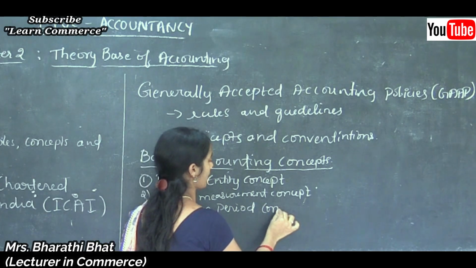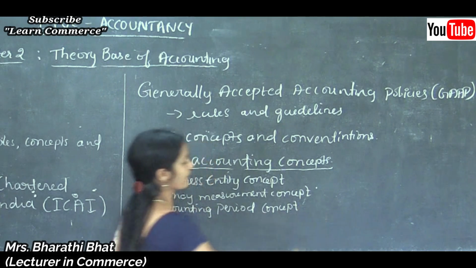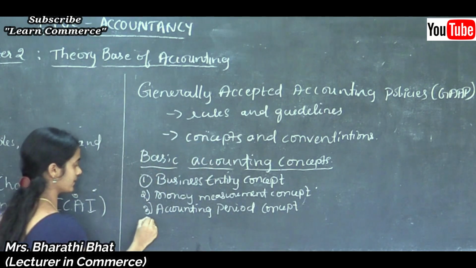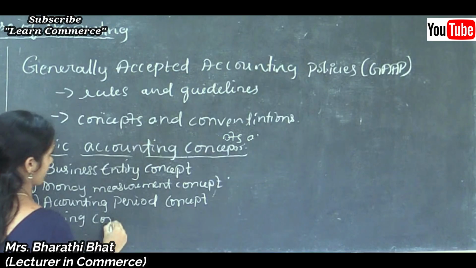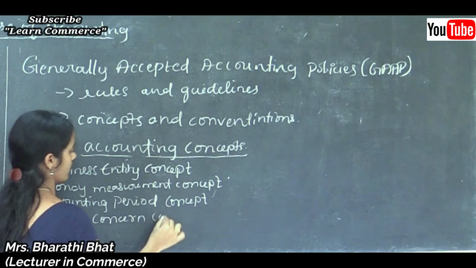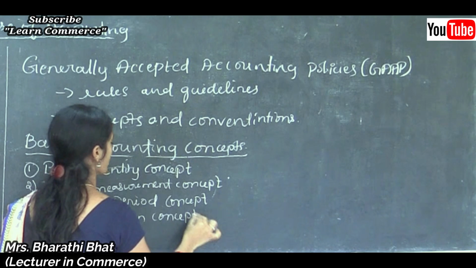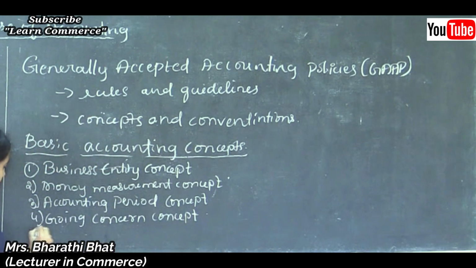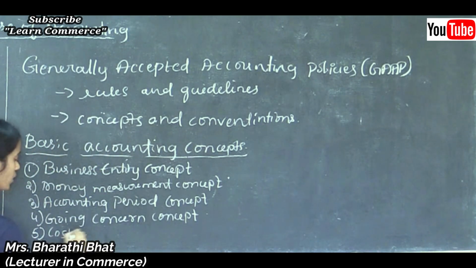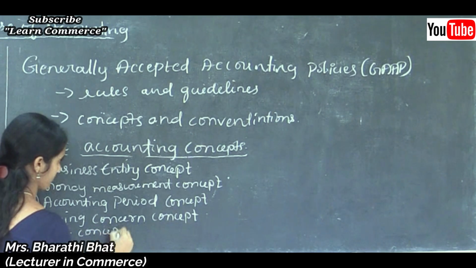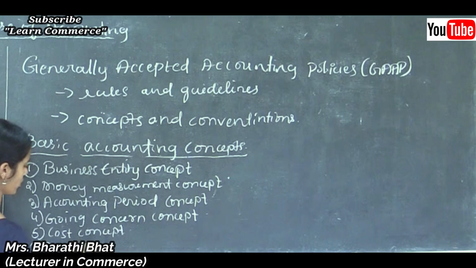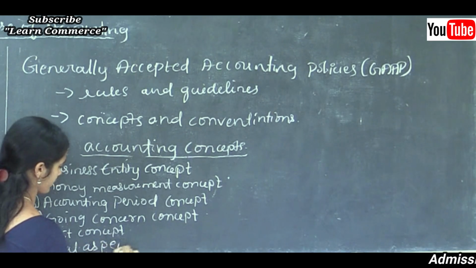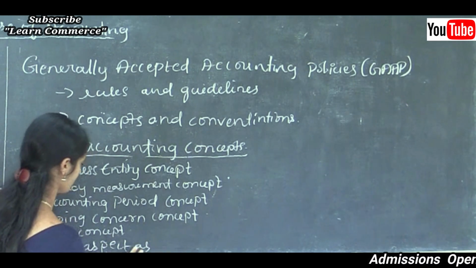The fourth one is going concern concept. The fifth one is cost concept. The sixth one is dual aspect concept.